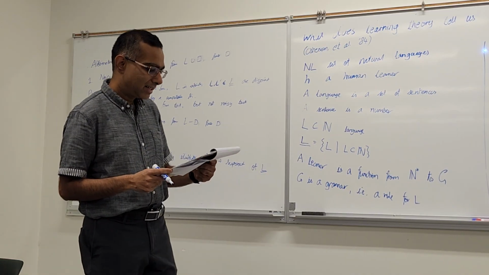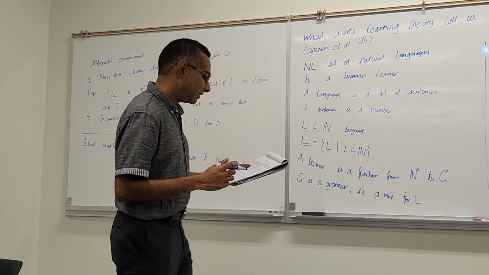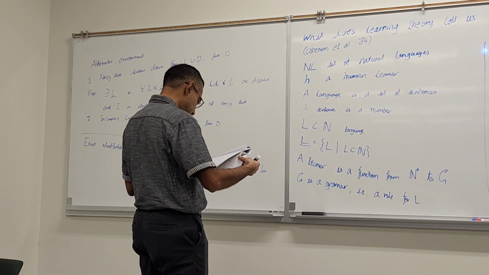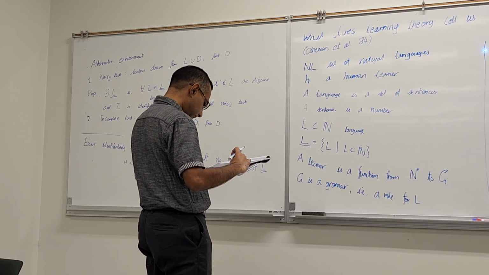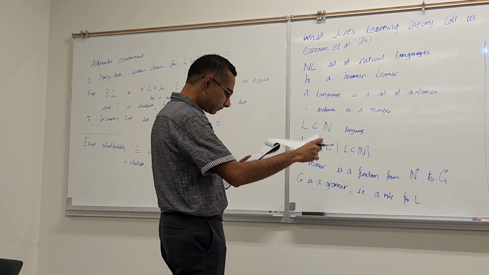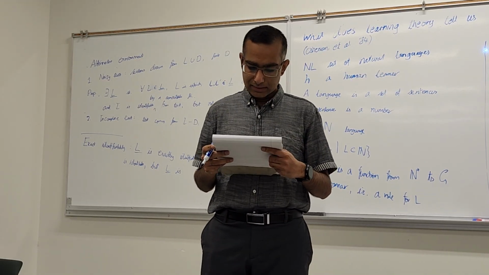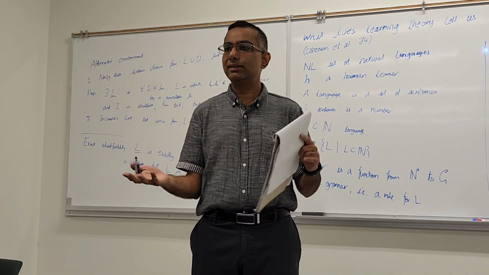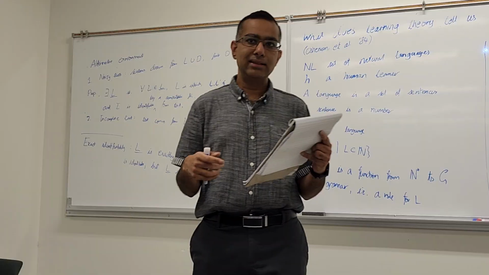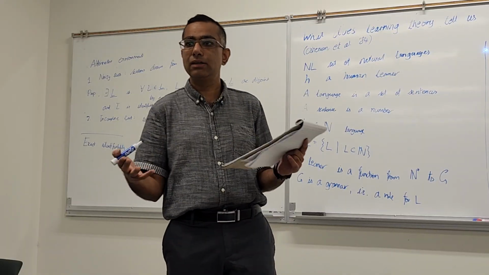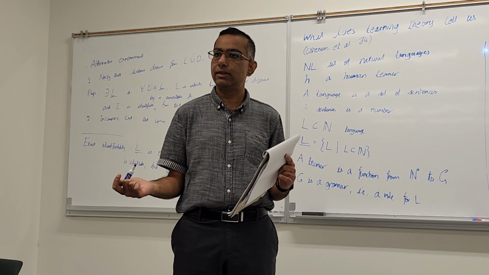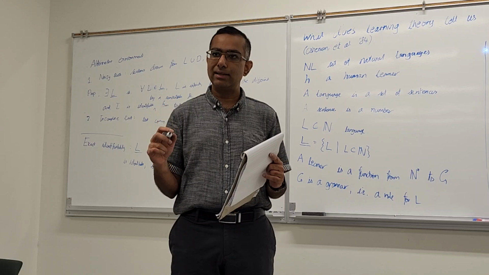There's another result. It turns out that, besides that, the other question is: does this meaningfully restrict what the set of natural languages has to be? And in fact, it does.